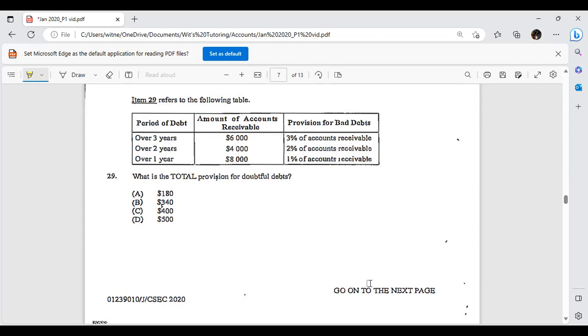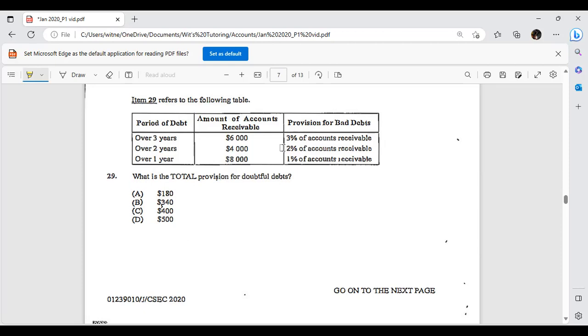And then you're going to find the same thing for each of them. So find the 2% of the 4,000. Find the 1% of the 8,000. 2 4s are 8. So 2% of 4,000, and then you're going to add all of them. The 2% of 4,000 is supposed to give you how much? 80. Right? You're going to add the 80.